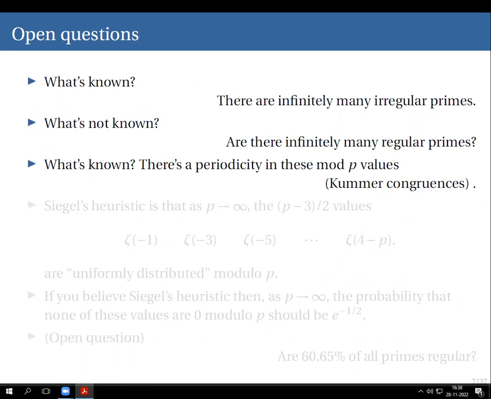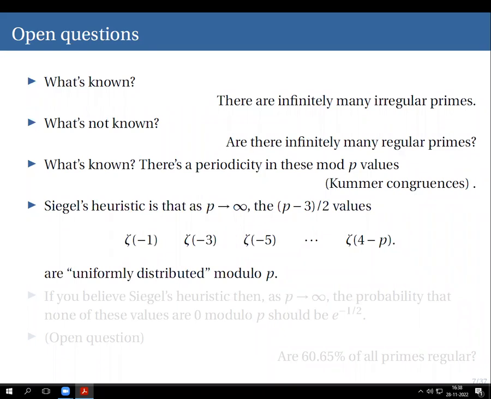What's known is there's some sort of periodicity. I've given you some fractions, so there's a numerator and a denominator, and then you can fix a prime and look at the mod p values of these rational numbers.